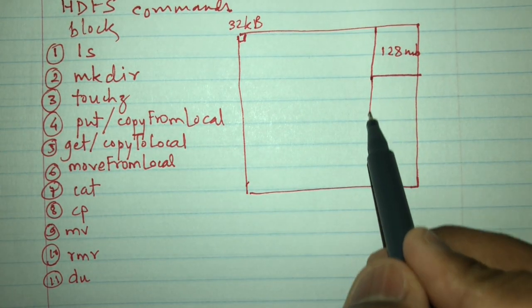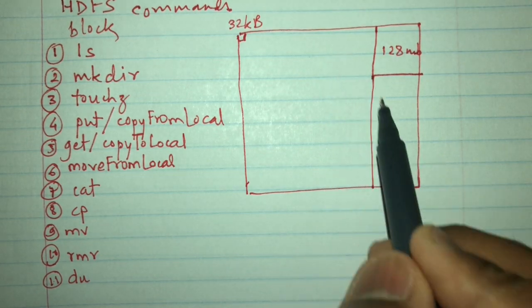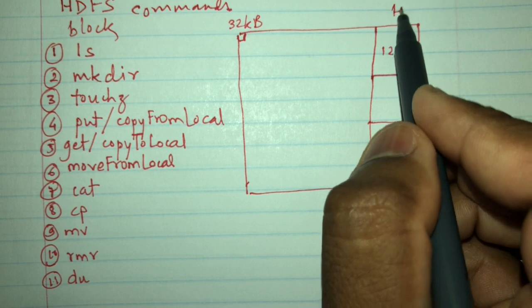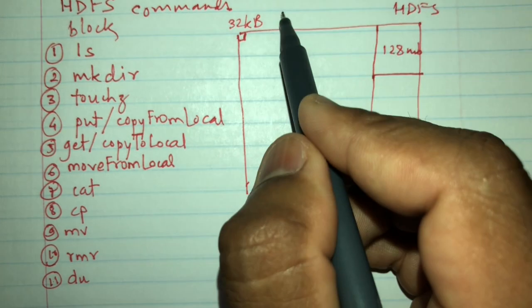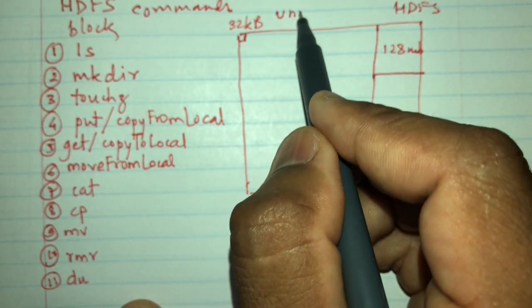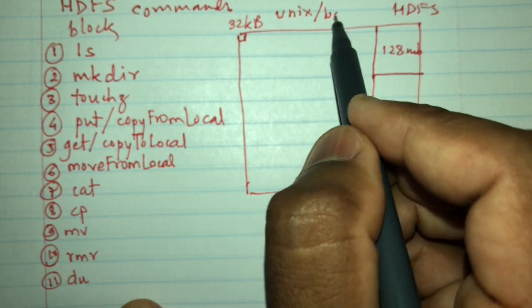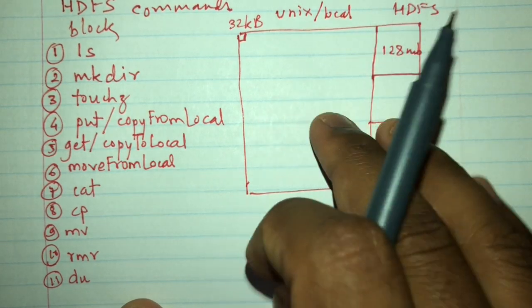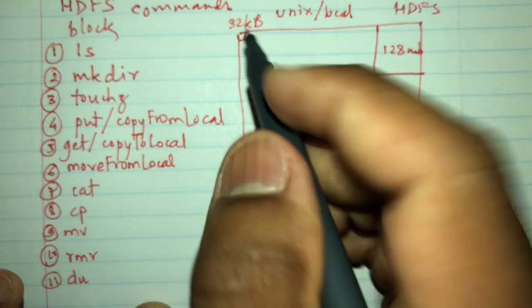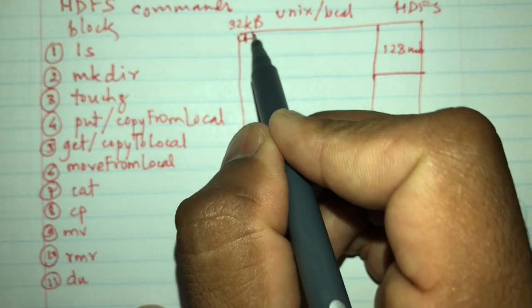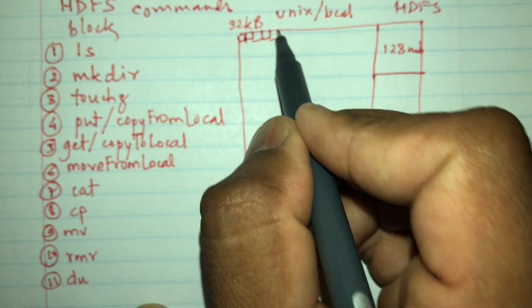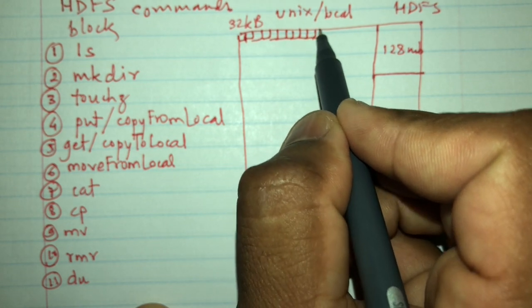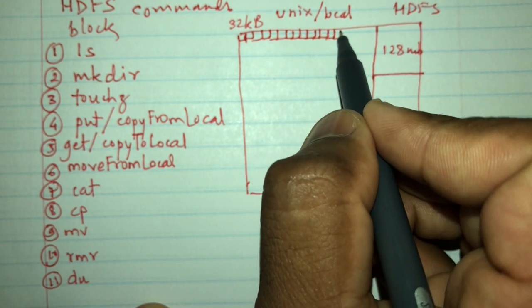So let us assume that this portion of the hard disk is dedicated to HDFS, and this portion is dedicated to Unix, which is also known as the local file system. You have to understand the difference in block size between local and HDFS. Local block size is small, only 32 kilobytes or 64 kilobytes, compared to 128 megabytes.